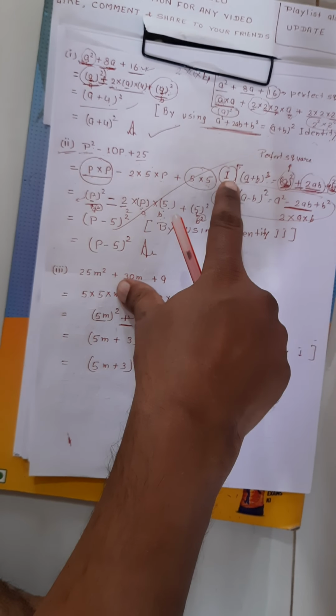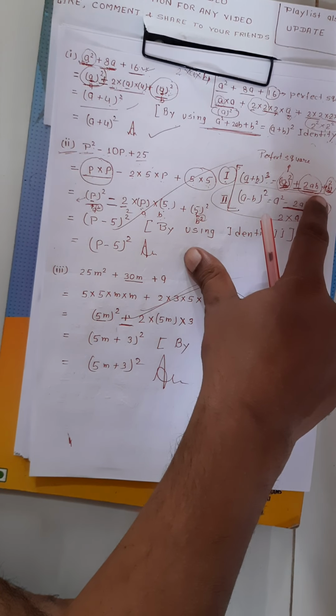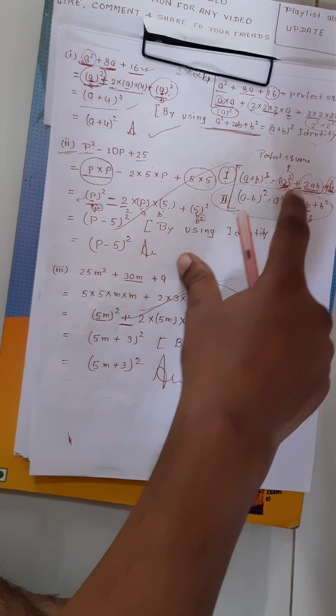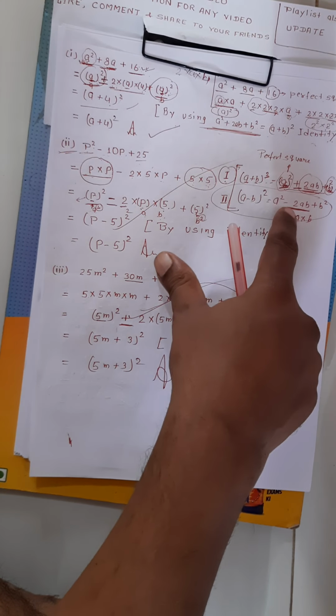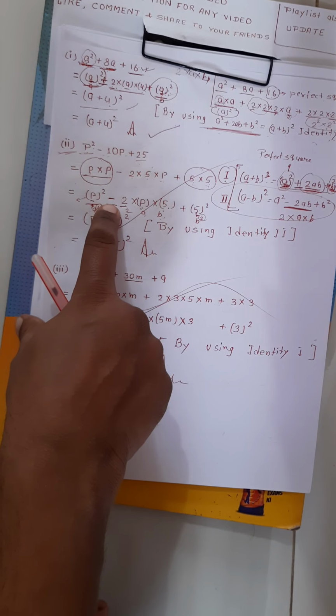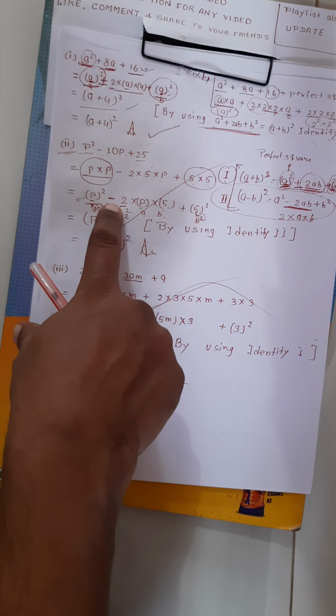In identity first, 2ab has the sign plus, and in identity number second, 2ab has the sign of minus.